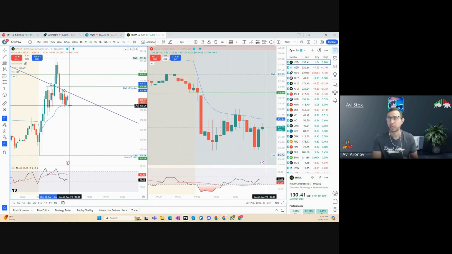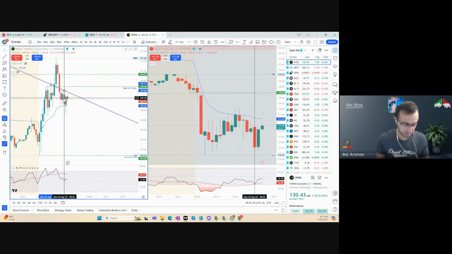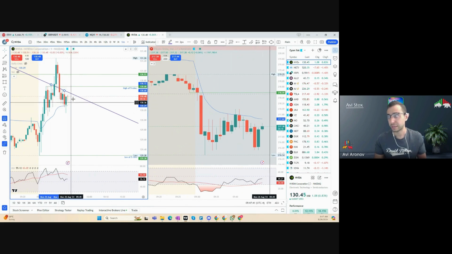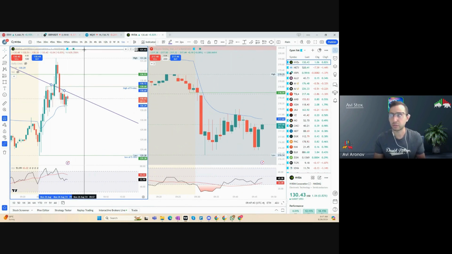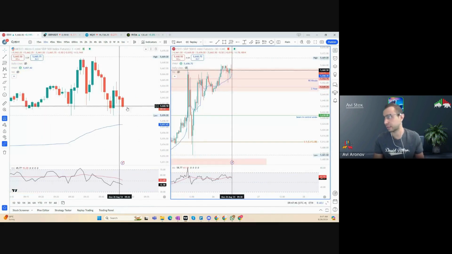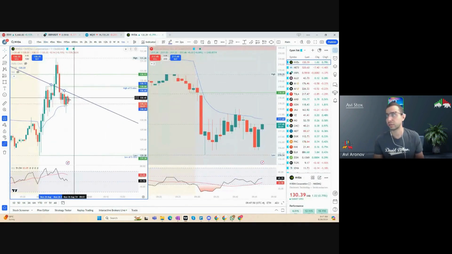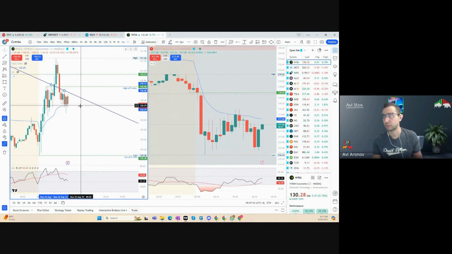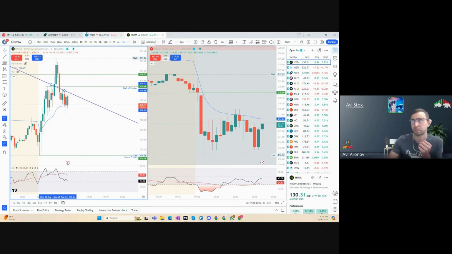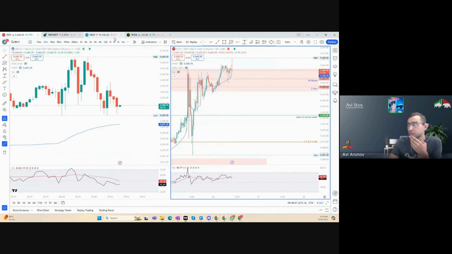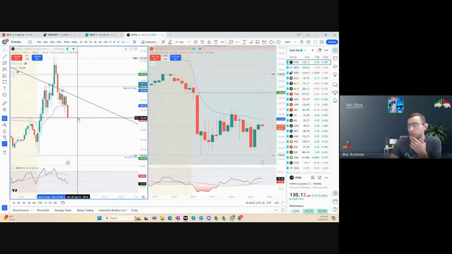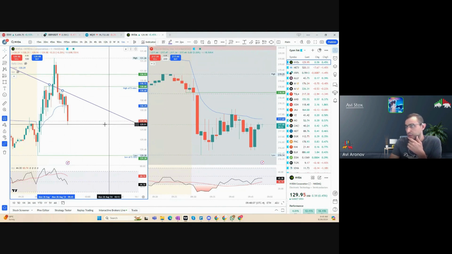I'm afraid that once it basically breaks from here, it will go higher, and people are thinking it will go lower because in a certain scenario it's showing lower. Wow, nice. That's a crazy move lower.